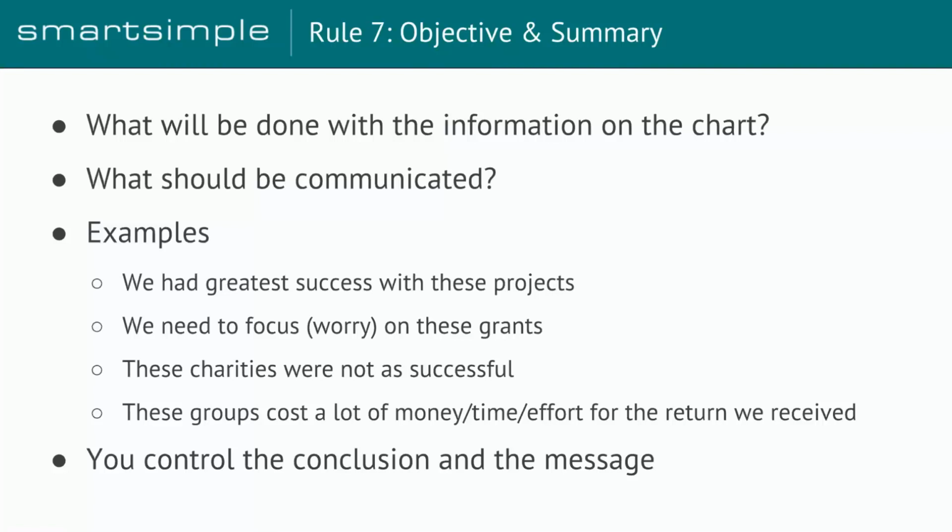We had the greatest success with these particular projects. We need to focus a little more, or worry about these particular grants or this particular area. These charities were not as successful, or were very successful, et cetera.